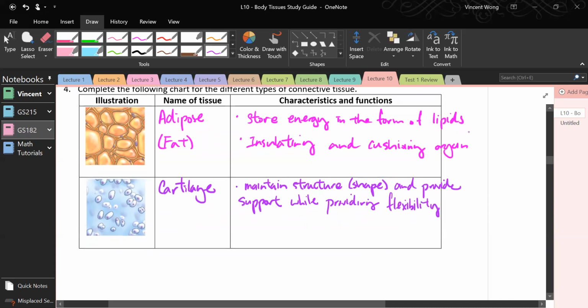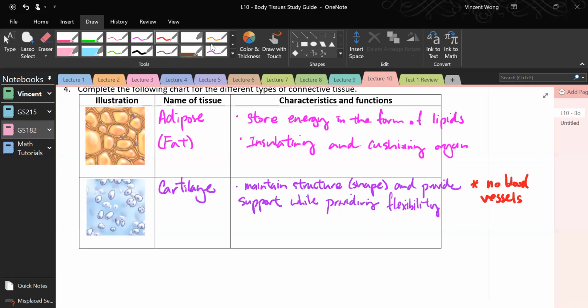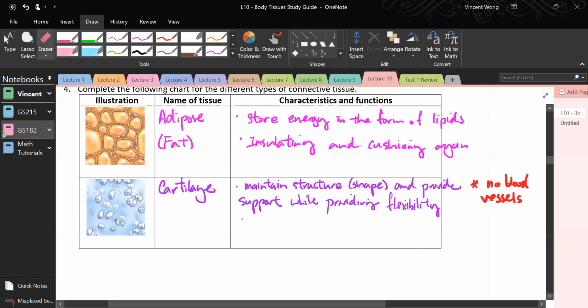There are no blood vessels in the cartilage, no blood vessels. That means it's difficult to heal. If damaged, it takes a long time to heal without the blood vessels.